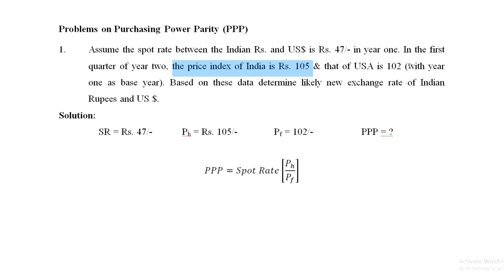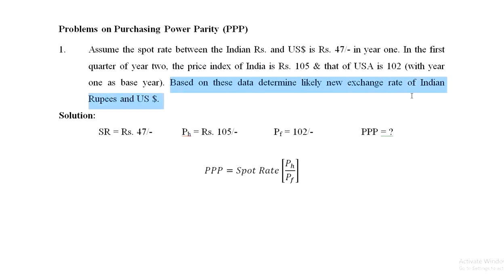Year 1 as base year means the first year is the base year and this year 2 first quarter is not the base year, and it can be set as the current year. Based on these data, determine the likely new exchange rate for Indian rupees and US dollars.